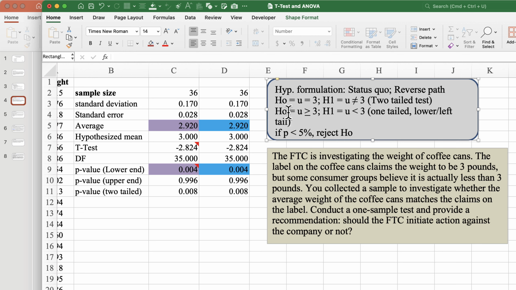We reject that. And it means that these results are unlikely to have occurred by chance, and that there is a significant effect. In other words, based on the findings of this analysis, the FTC can initiate an investigation against the coffee maker company.